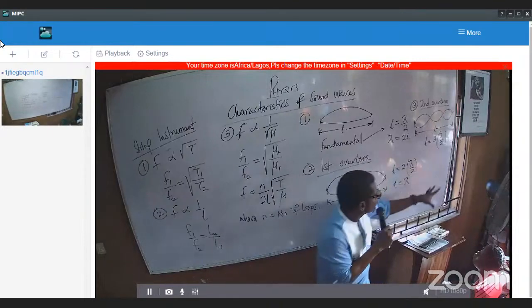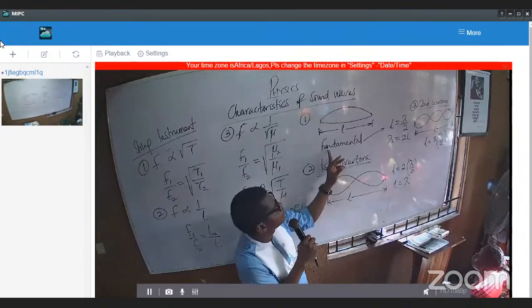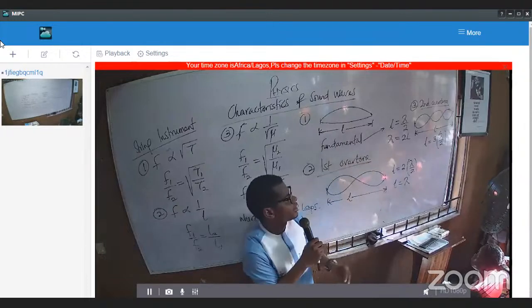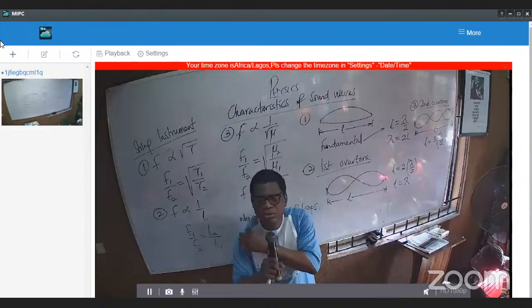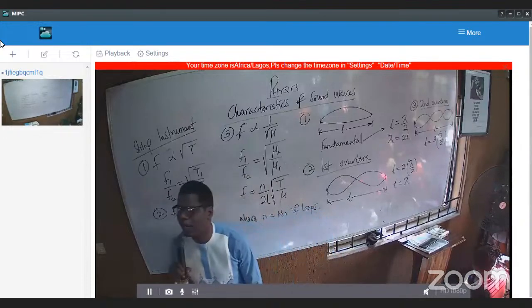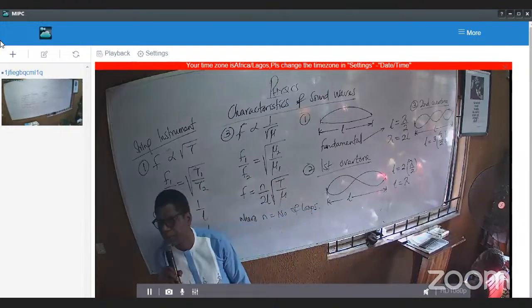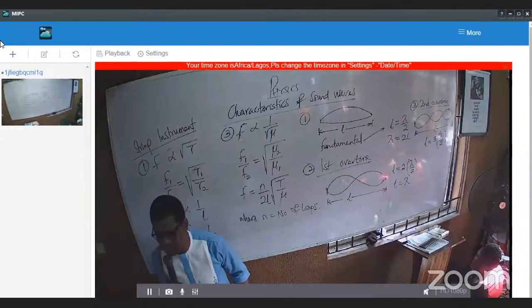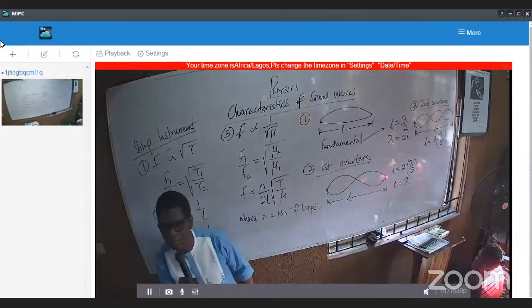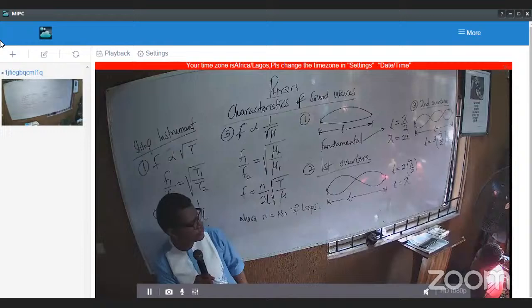So that's the sequence: fundamental, L is lambda over 2; first overtone, 2 loops; second overtone, 3 loops. Class, how many loops are you going to have for the fourth overtone? 5. If you have 8 loops, which overtone are you? 7th.